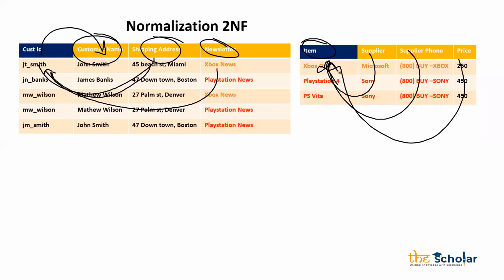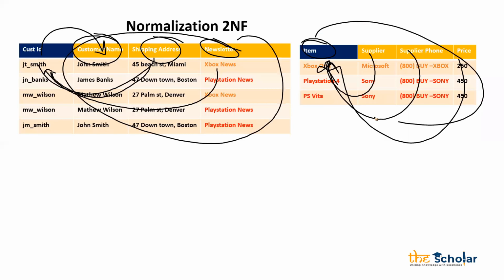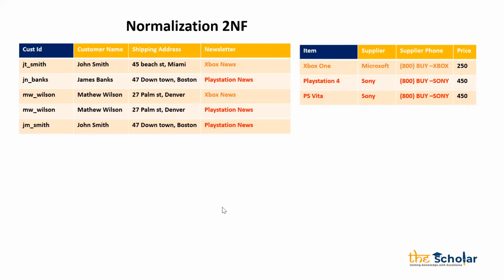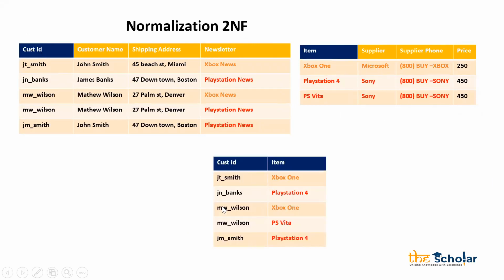But now the question arises, how will I join this table with this table? Because I want to know that this guy actually purchased this item or whatever item. So I want to somehow join this table with this table. For that, I'll create one more table, something like this.